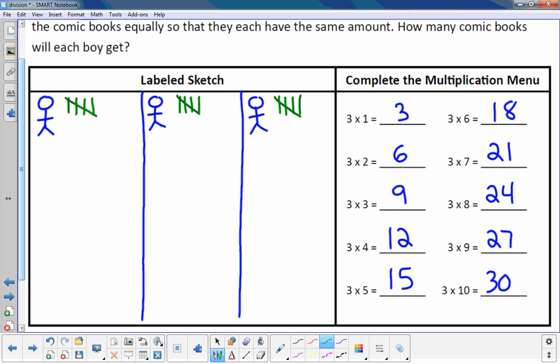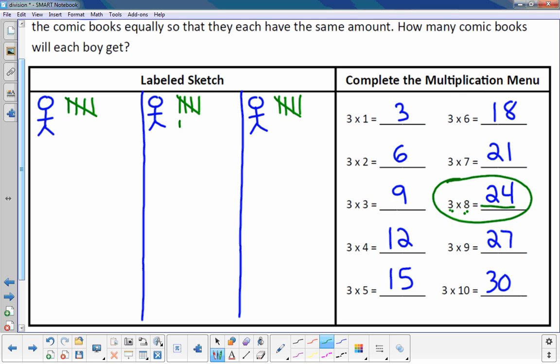I could continue that until I got to 25, or I could look at my multiplication menu and I'll notice that right here 3 times 8 is 24. So if I have 3 boys, they each have 8 comic books, they'll have a total of 24.